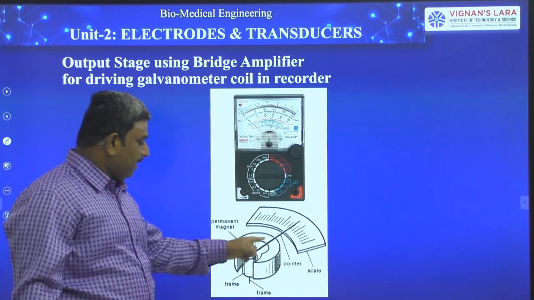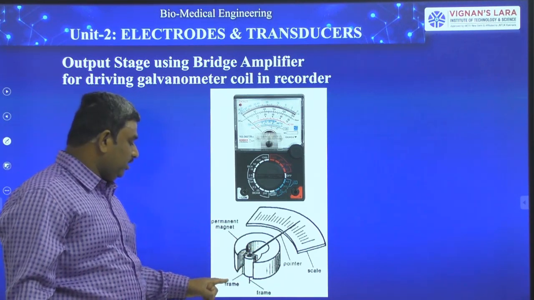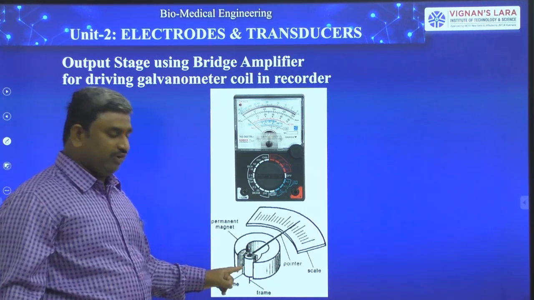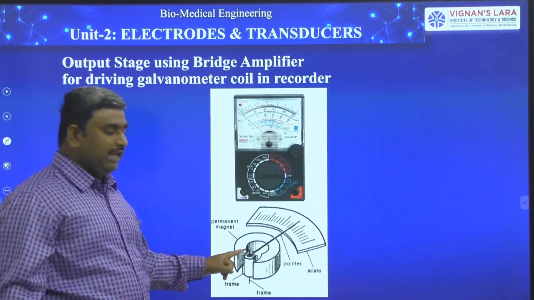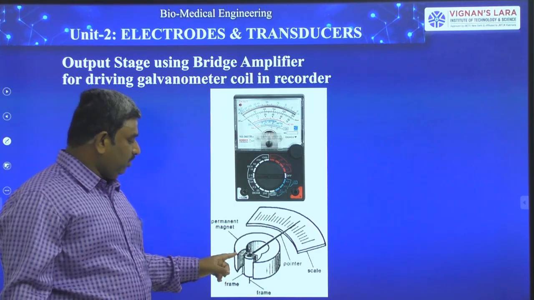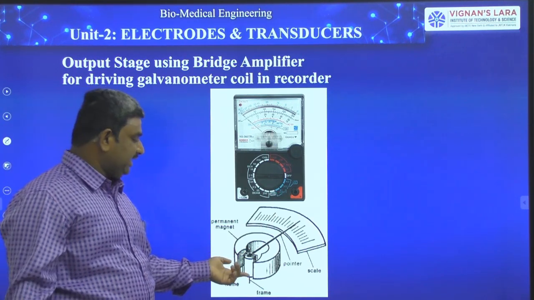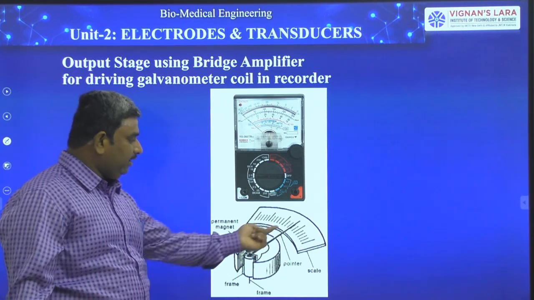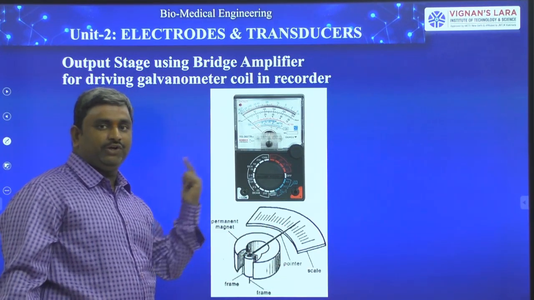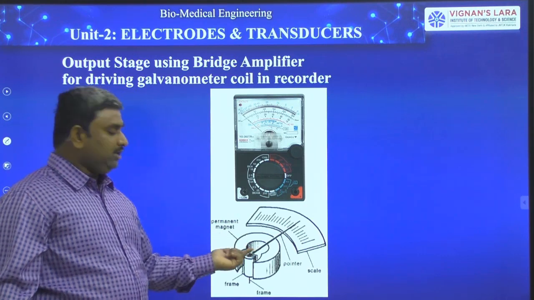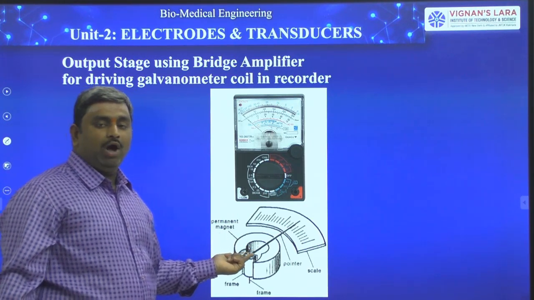So this is a permanent magnet. In this permanent magnet, we have an armature frame. This armature frame is connected with this pointer. So whenever the magnetic field is raised in this magnet, this pointer moves from left to right. So how will this pointer move?